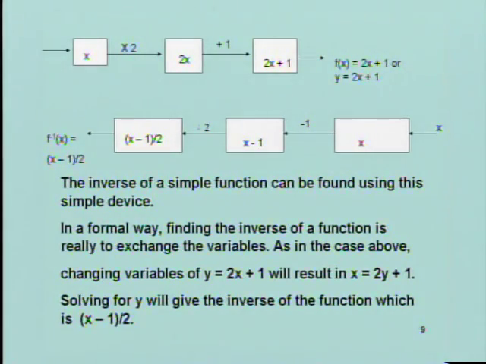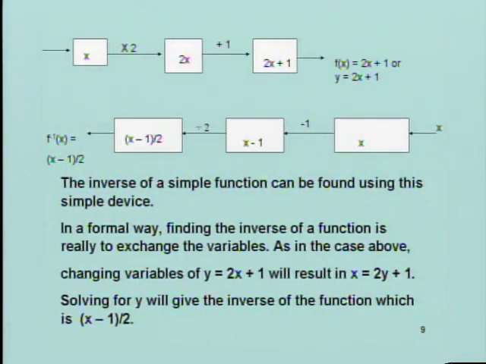And we start with x from the right-hand box. x coming into the second box, the operation is saying subtract 1. So when x reaches the second box, it will be x minus 1. Moving into the third box, the second box must be divided by 2. So we'll end up in the third box with x minus 1 divided by 2.